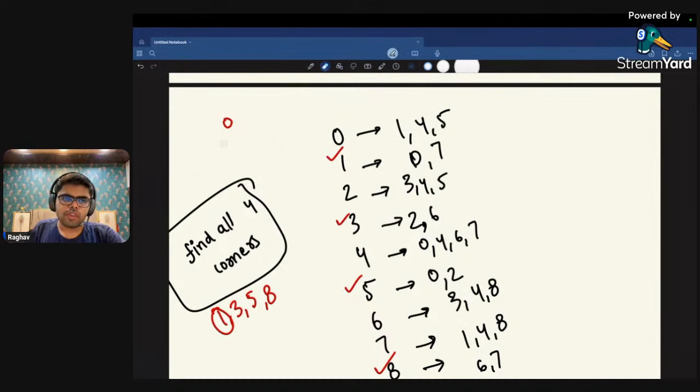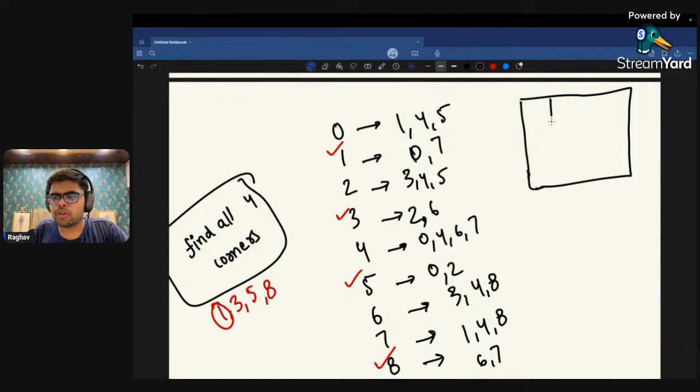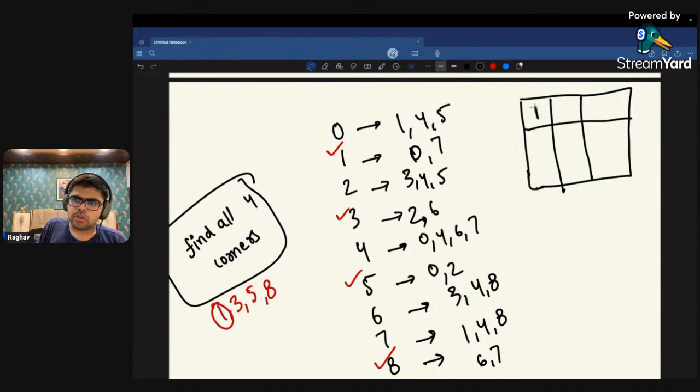So now we know that since these nodes are coming up at a distance of 2 from the current node, it means that the matrix would be of size 3 by 3. Actually, you don't even need to know about the 3 by 3. You just know that the closest corner is at a distance of 3. So you can place the node 1 here. The closest corner, that was 5, coming up at a distance of 2.